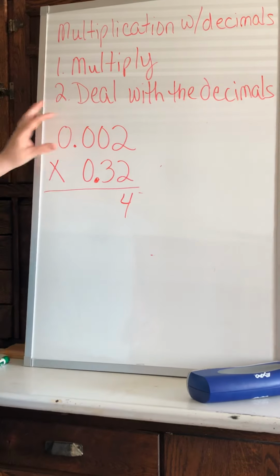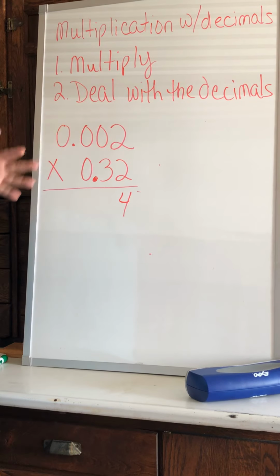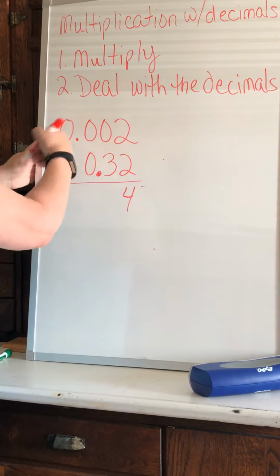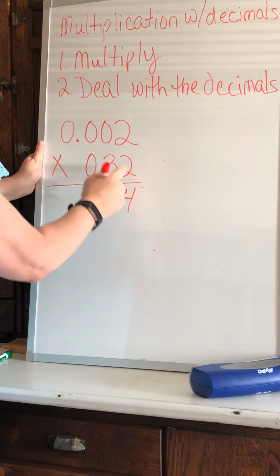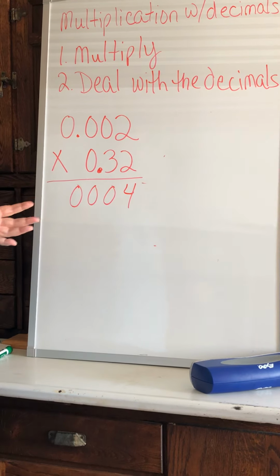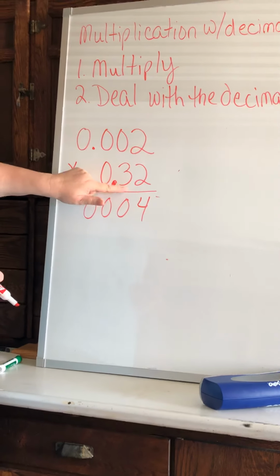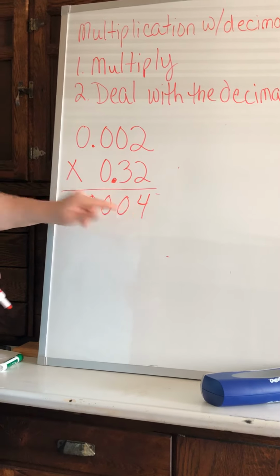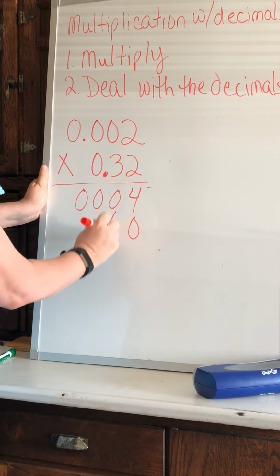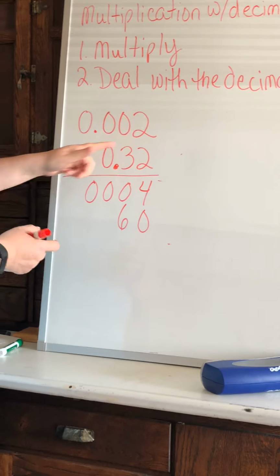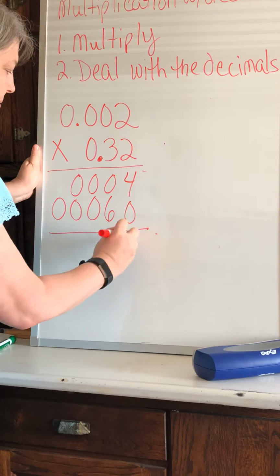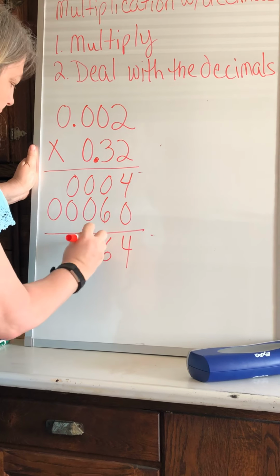Now, I don't need to waste time doing the rest of these unless you want to. I could just stop right there, but you know what? I might as well. 2 times 0, 2 times 0, 2 times 0. It's just kind of wasting some extra time. Okay? We're going over to the second number, so I'm going to put 1 0 down here. 3 times 2 is 6. And again, I really don't need to go through here, but I will for the sake of this. And I'm going to add everything up.